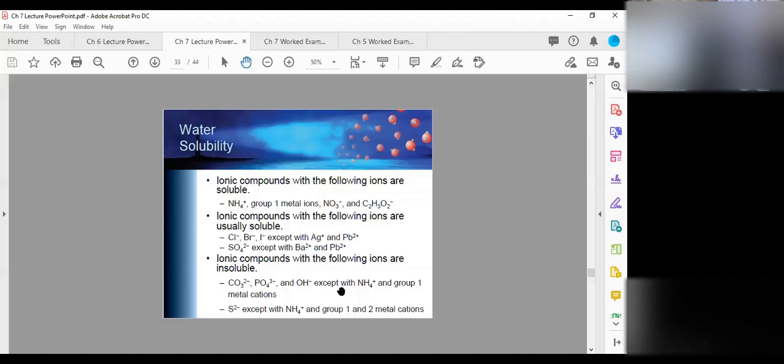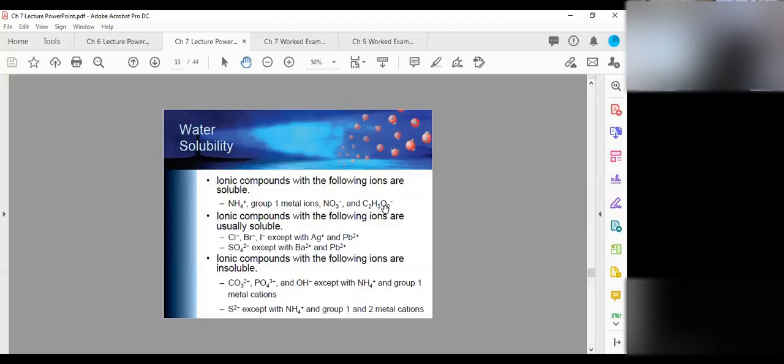And that will depend on this slide, slide number 33. Solubility rules, listed as you see here. The first rule, if the compound has an ammonium or group 1 metal or nitrate or acetate, automatically it will be aqueous, will be soluble.